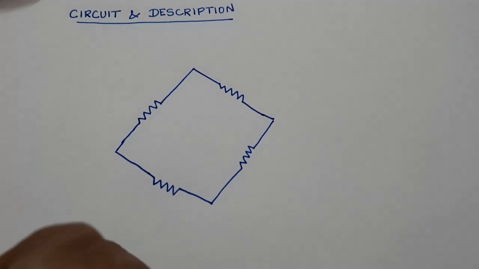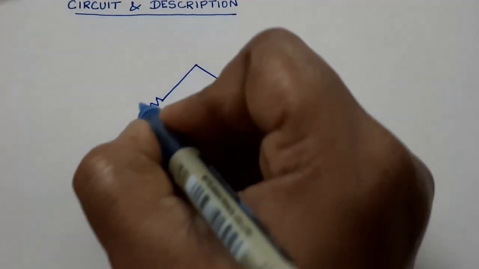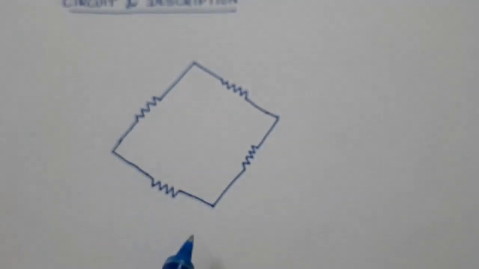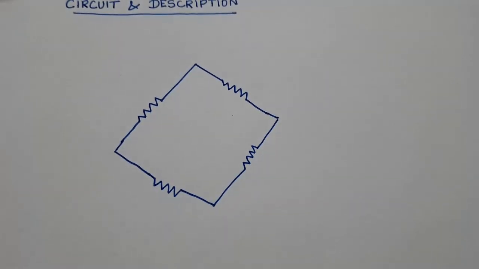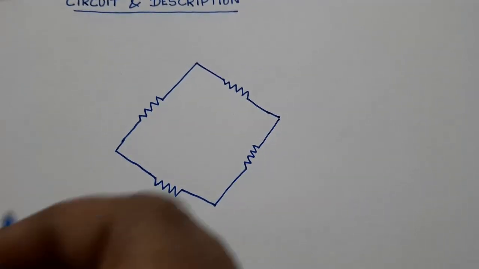Here, the Wheatstone's bridge is constructed using 4 resistors connected in a diagonal form.